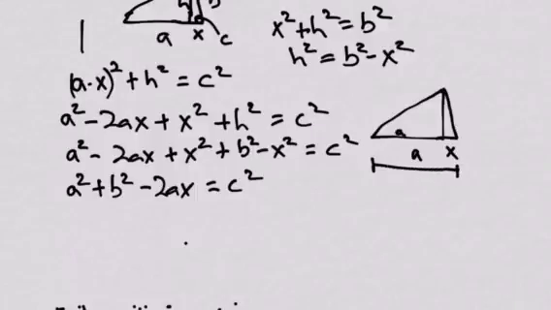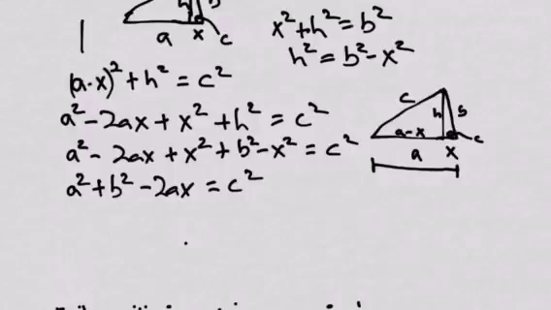So this is really A minus X. That's H, that's B, that's C, and this is angle C. Let's think about how we might define X in a different way.